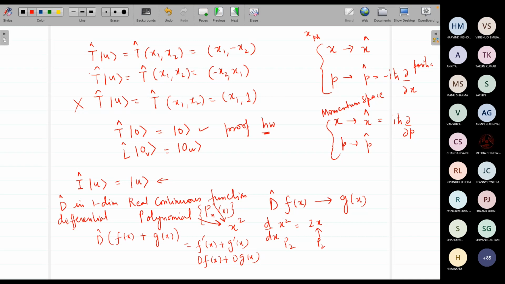So when does a collection of polynomials act as a linear vector space? Of fixed degree n or less than or equal to n? Less than or equal to n, and hence it is important to notice that both of these will have degree less than or equal to n, right?